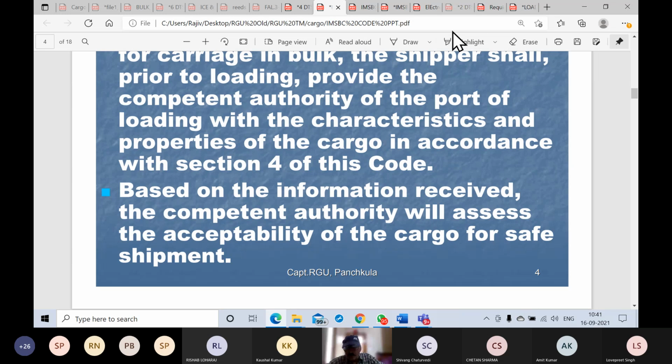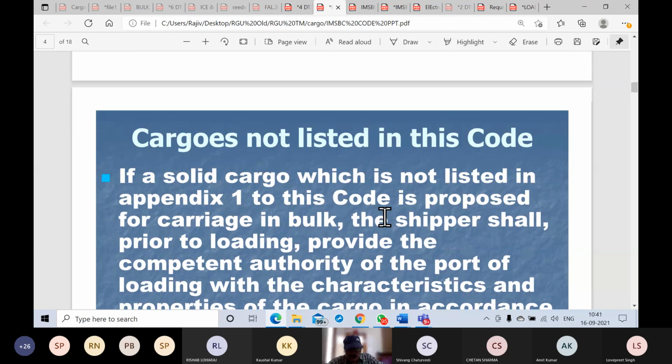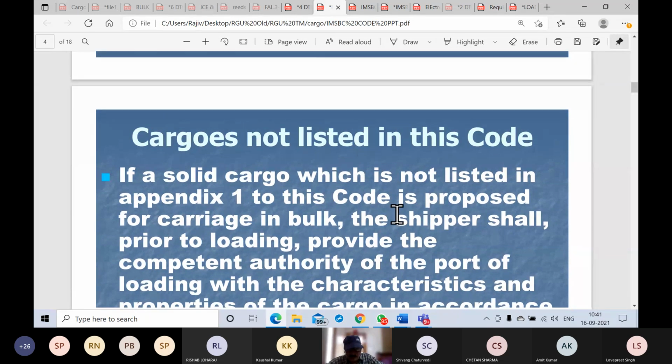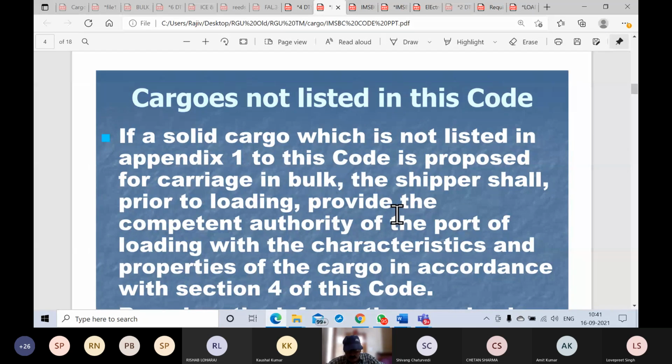So anyway, let's continue. This question has appeared in the exam, which you will now make a careful note of. The question read something like this, not word for word: how can a vessel load cargo which is not listed in the IMSBC code? Bulk cargo not listed in the code. So one question has come. I think it was a part question, half marks, half of 25. So if this is the case, then this is how it will be done.